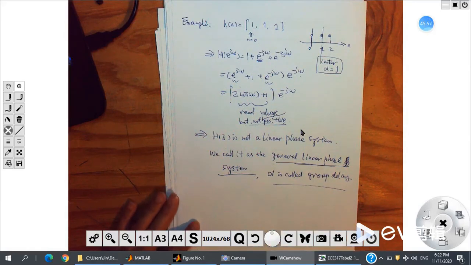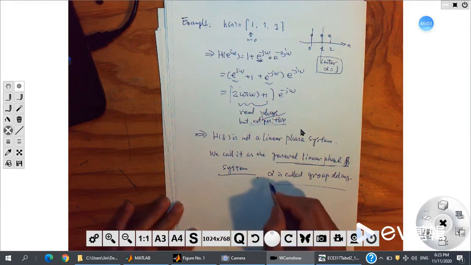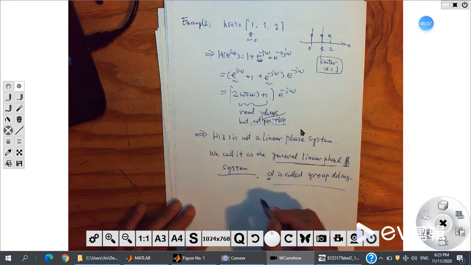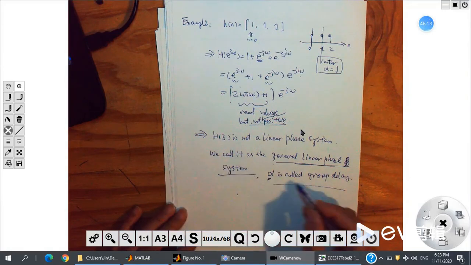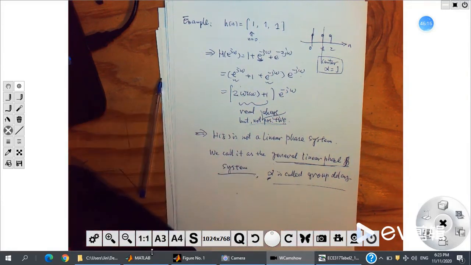Because this is not linear phase, for different frequencies the delay might be different. But we still have this alpha. If you check the graph of the phase, alpha will be the slope. Okay, let's use MATLAB to see.